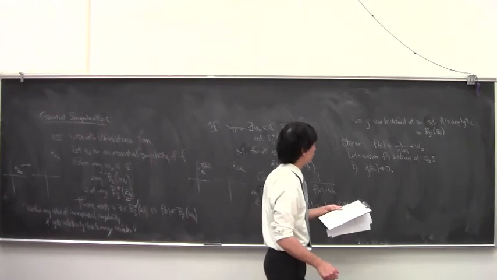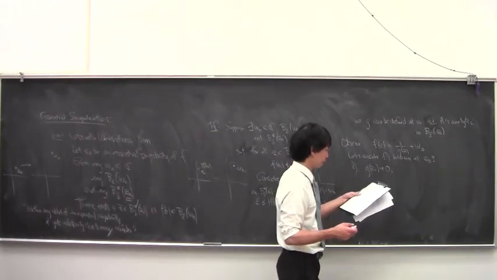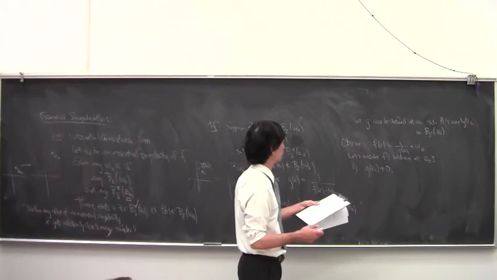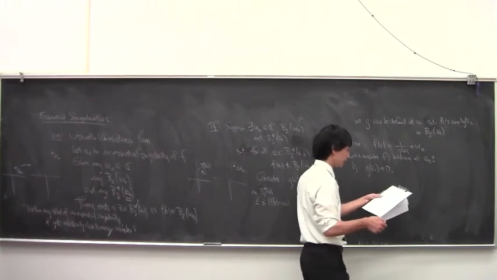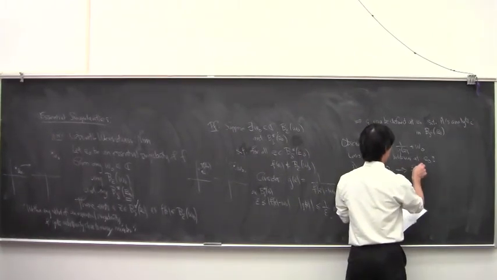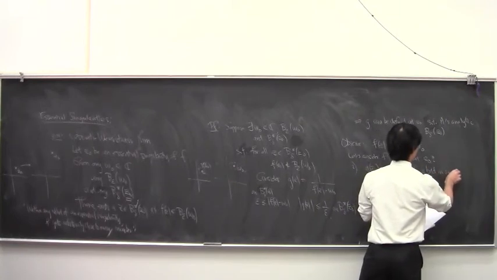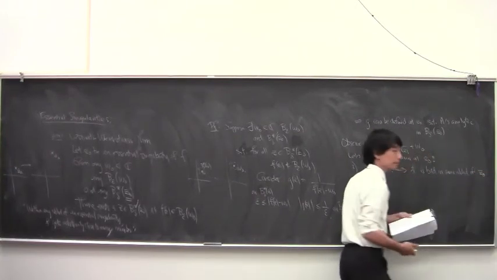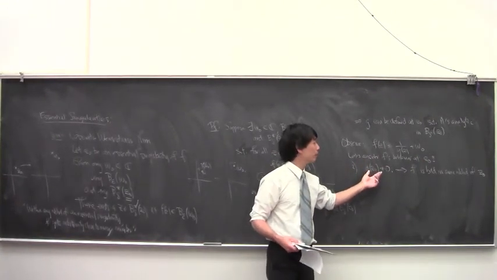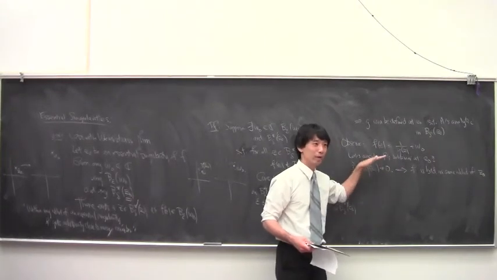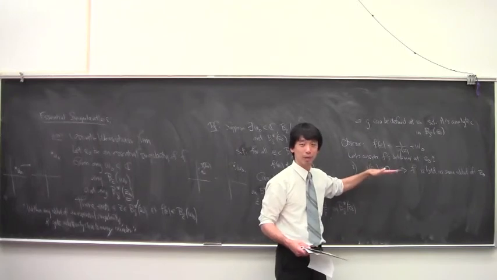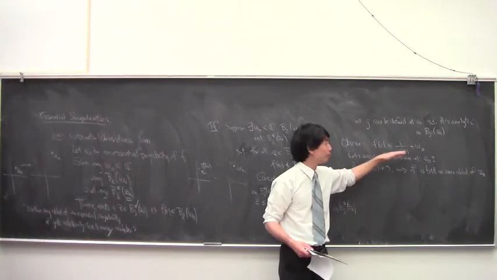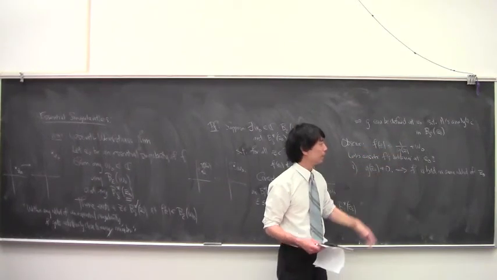Well, in that case, f is bounded in some neighborhood of z naught, because if g of z naught is non-zero, then in some small neighborhood we can bound it away from 0, so 1 over g is bounded above, and so f is bounded in some neighborhood of z naught.